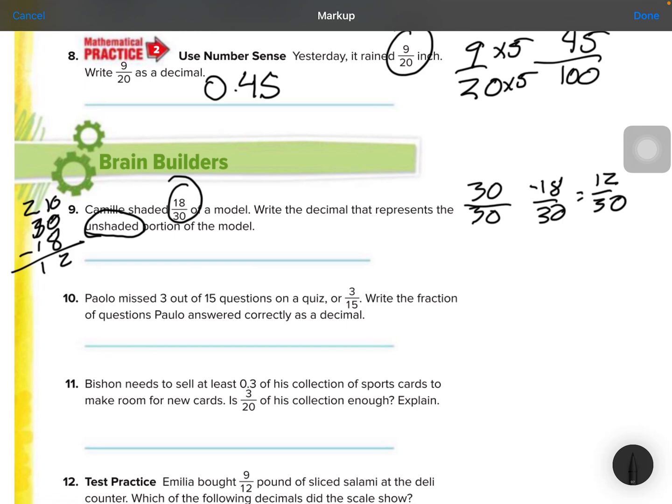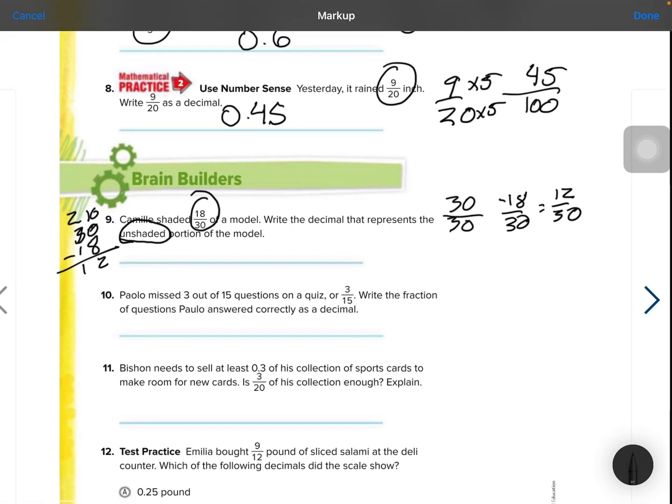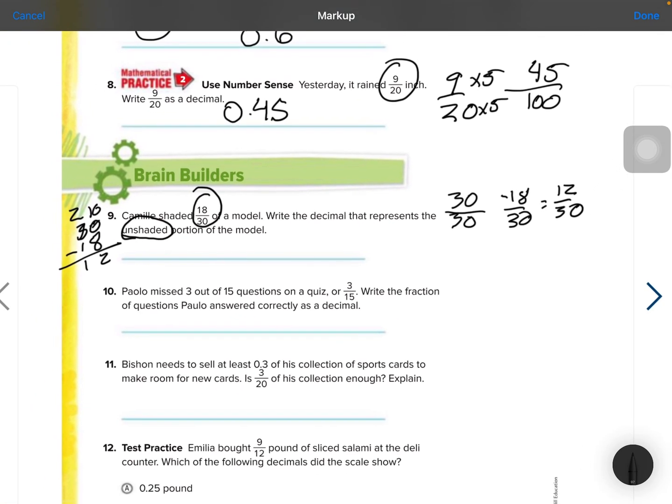I'm looking at that, and I can simplify 12/30. Let's see. The unshaded portion. I can take 12/30, and let's simplify it.